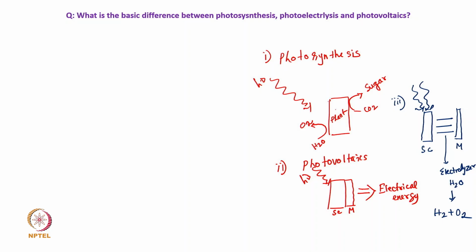Okay. So, broadly, if we look at these processes, all three are driven by sunlight. That is the energy which comes from the photons of sunlight, which carry the energy and help in triggering this particular process, doing different jobs.